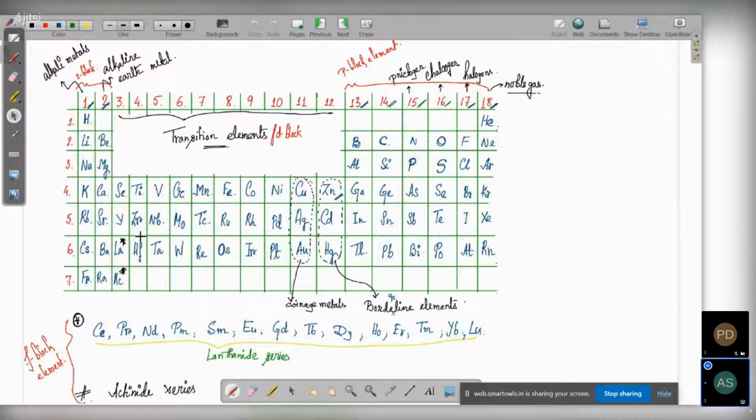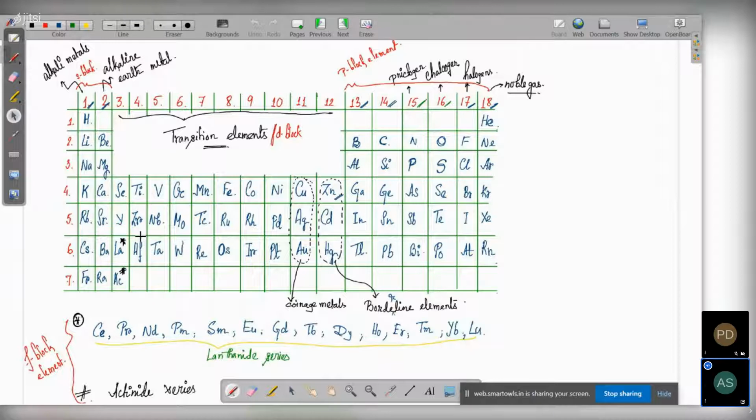So this is an effect of lanthanide contraction. Lanthanide contraction happens due to the very poor screening effect of the 4f electron and the very high penetrating effect of the 6s electron, due to which the size of the element becomes much smaller than its expected value.